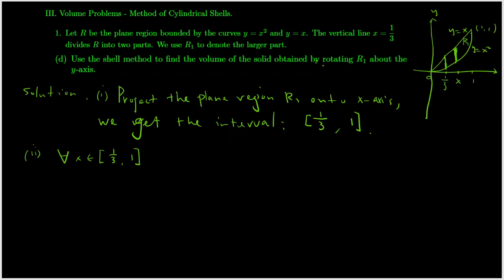Can you give me a description of the shape? Only rotate the little line segment around the vertical axis all the way. So what do you get?